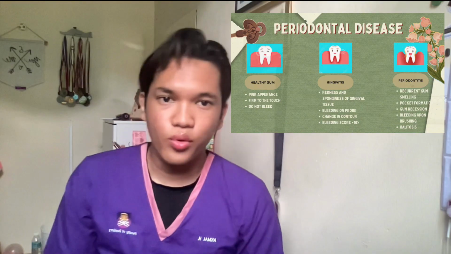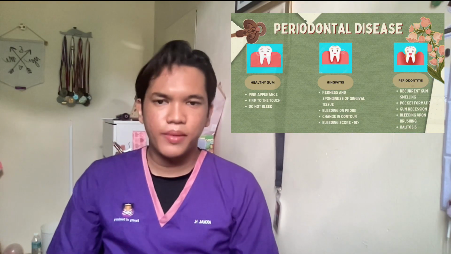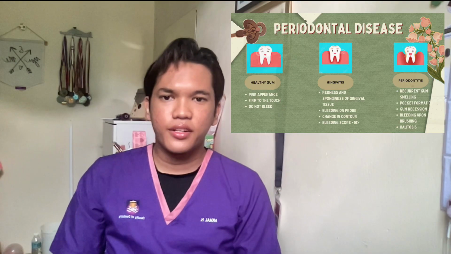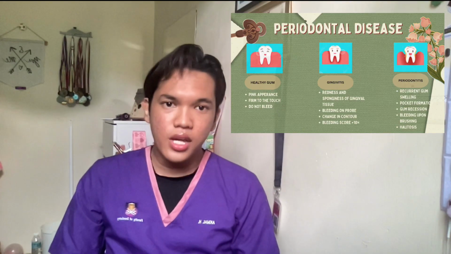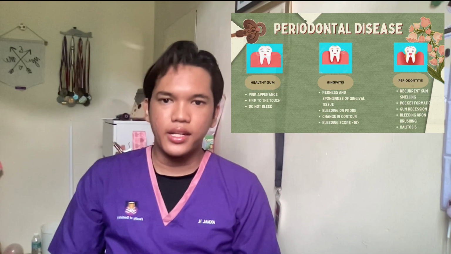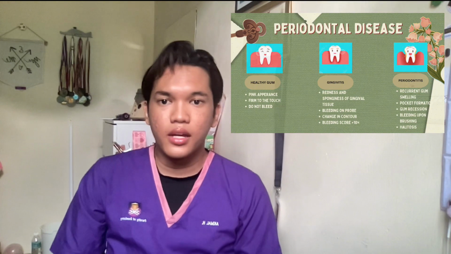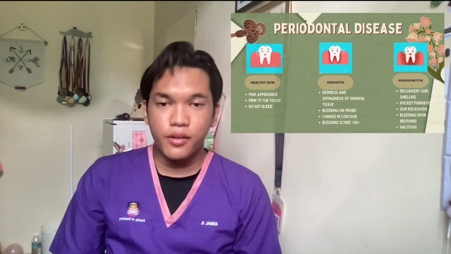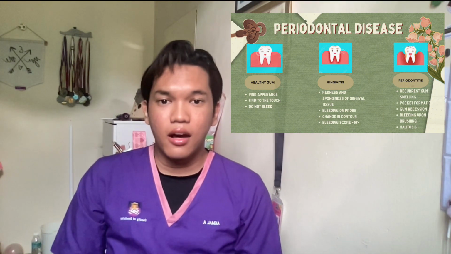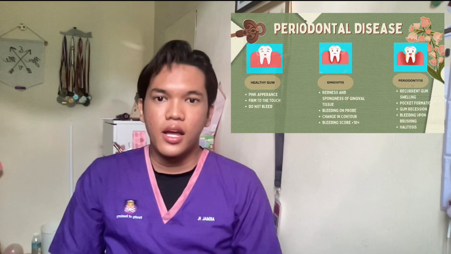As the infection worsens, the body's natural response, along with the toxins produced by the bacteria, begins to break down the bone and connective tissues that hold your teeth in place. As the bone tissues weaken, teeth may become loose and in severe cases even fall out. You don't want to lose your teeth, right? So we must take care of our periodontal health and also practice good oral hygiene.